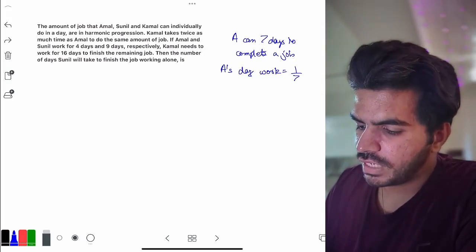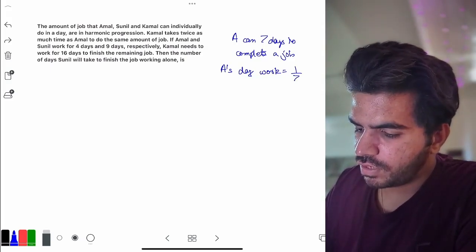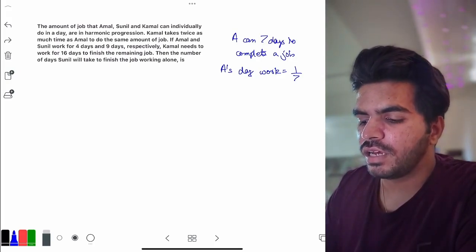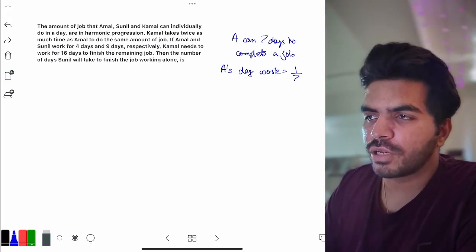So it's given that each day's work of Amal, Sunil, and Kamal are in a harmonic progression.